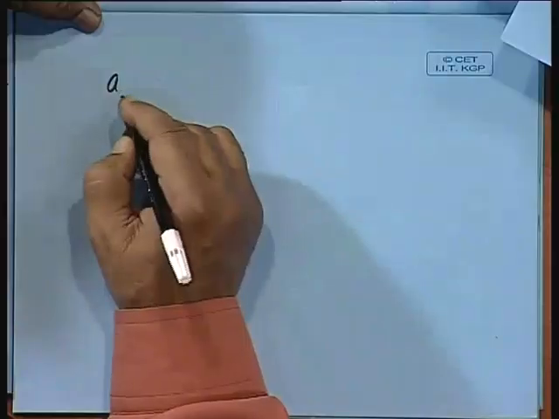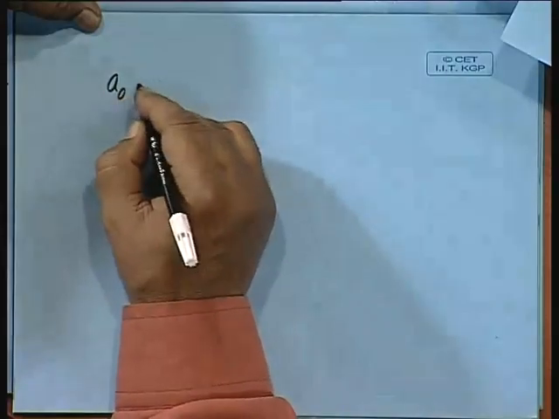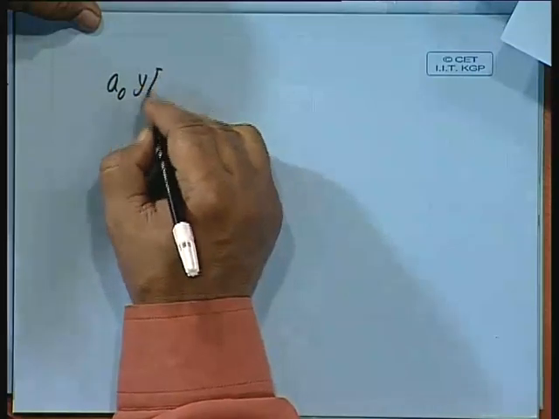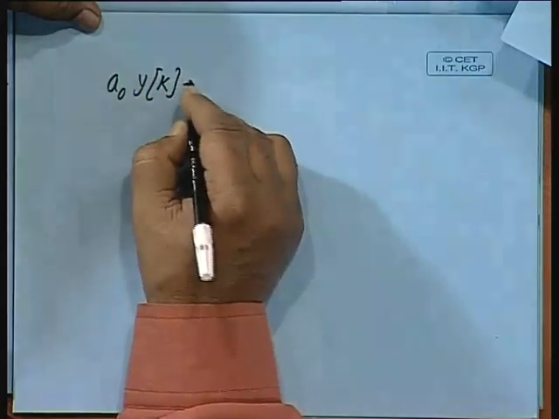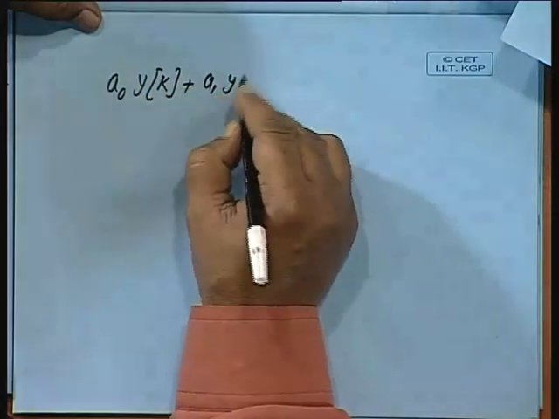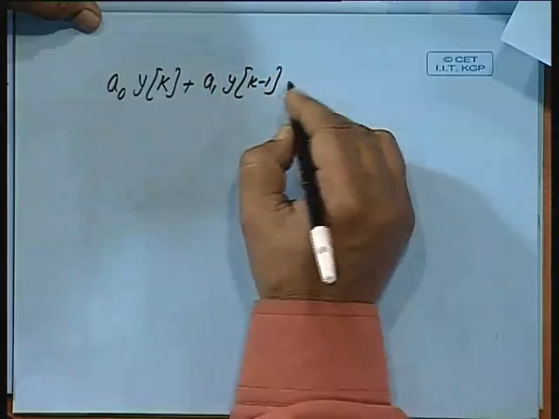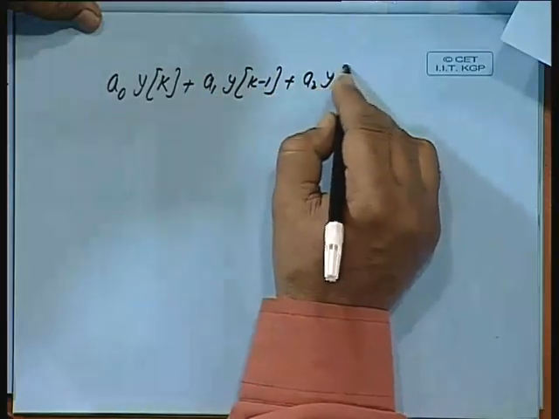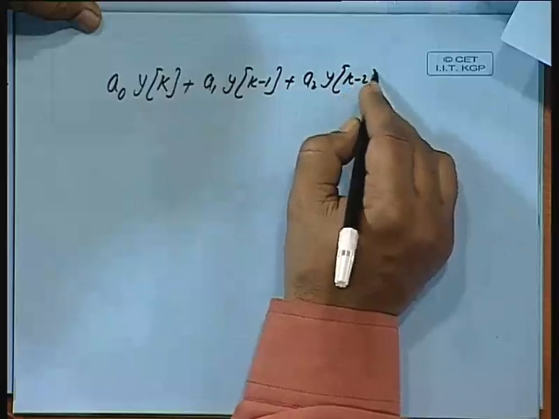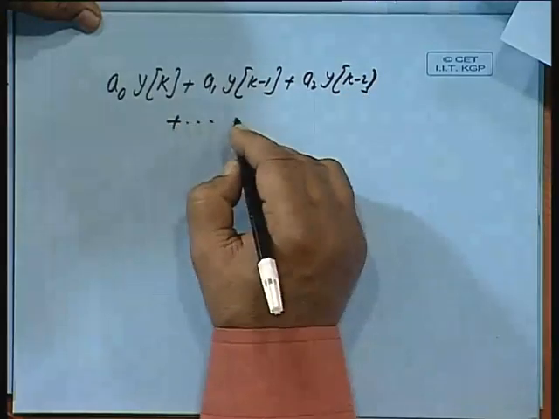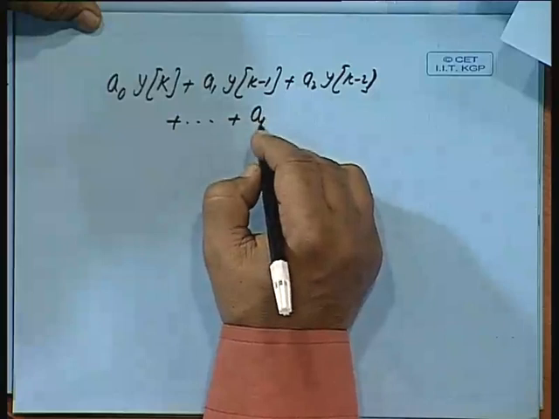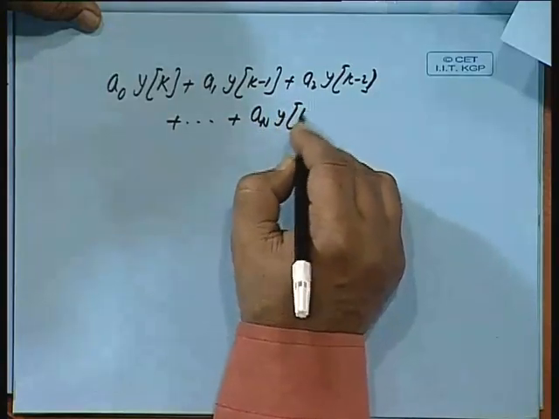Now, if you have a general equation of this type, say A0 yk plus A1 yk minus 1 plus A2 yk minus 2 and so on up to An yk minus n.